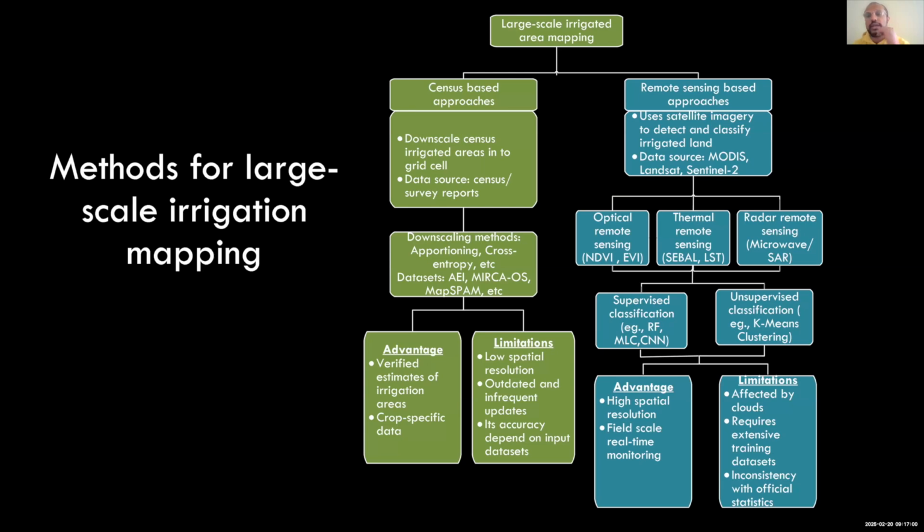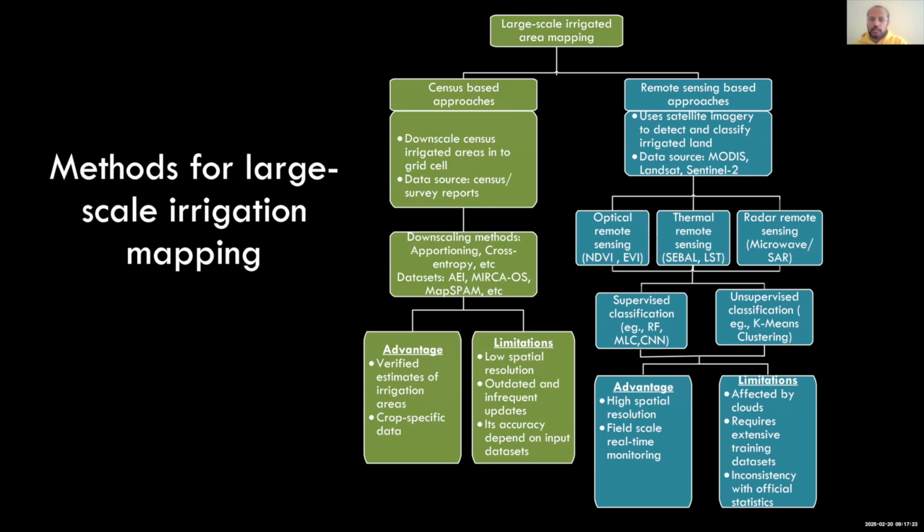So those three remote sensing categories can also be further classified into two. The supervised classification algorithm depends on using labeled ground truth points to train the model in order to predict each pixel, whether it's irrigated or not.